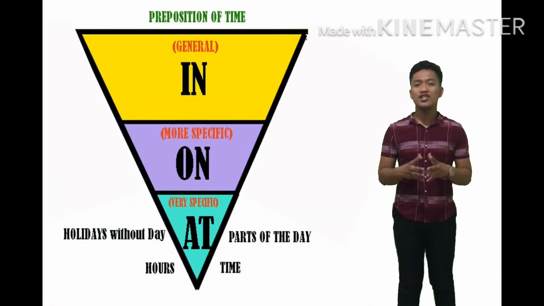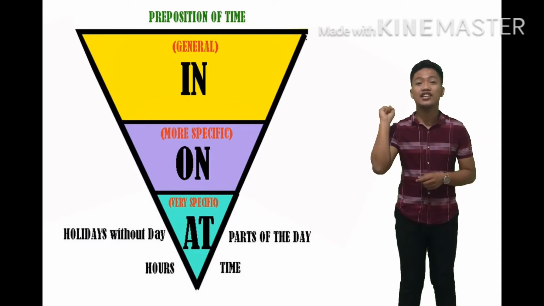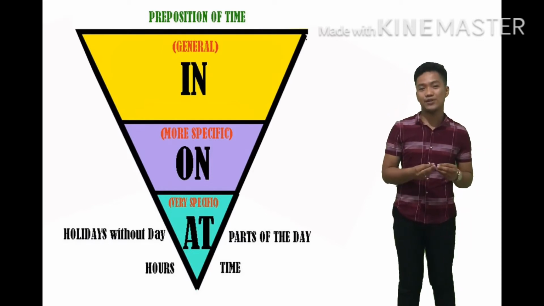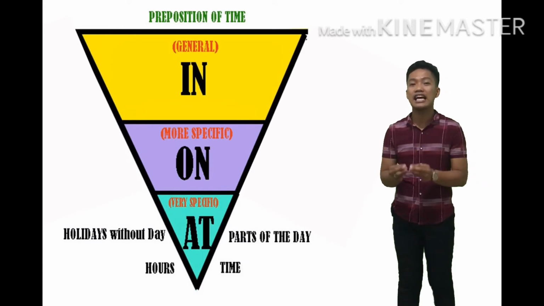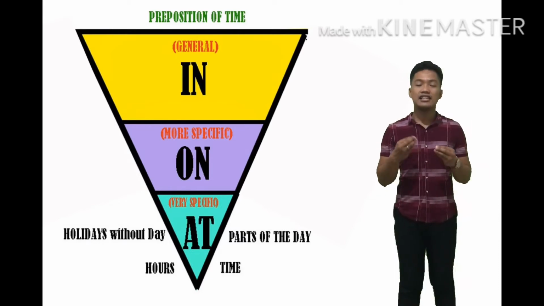So when do we use at in a sentence? First is hours. It could be at exactly 8 a.m. For example, the Mass of the wedding will start at exactly 10:30 in the morning. Next, it could be part of a day.